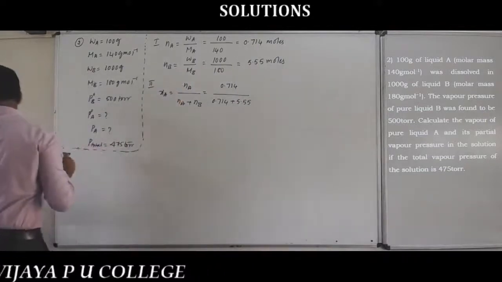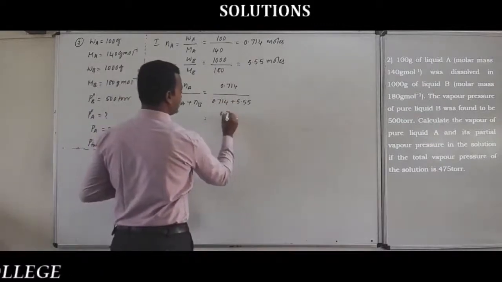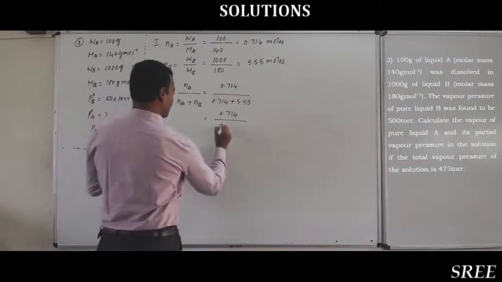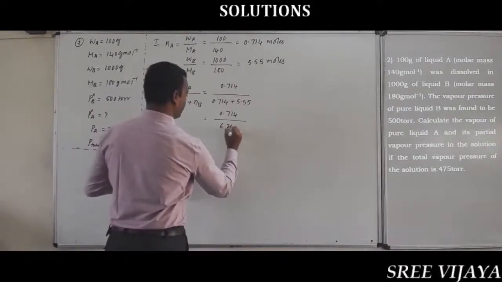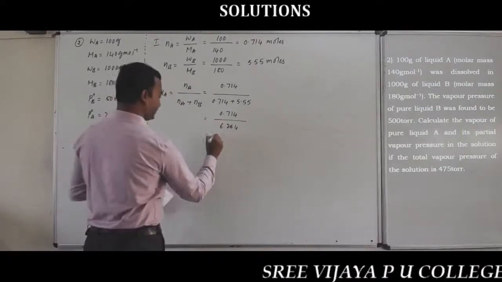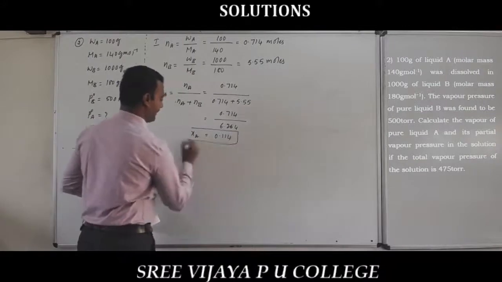Once you calculate the mole fraction of component A, what value do you get? 0.714 divided by the sum of these two, that is 6.264. When you divide these two, you get 0.114. That is the mole fraction of component A.